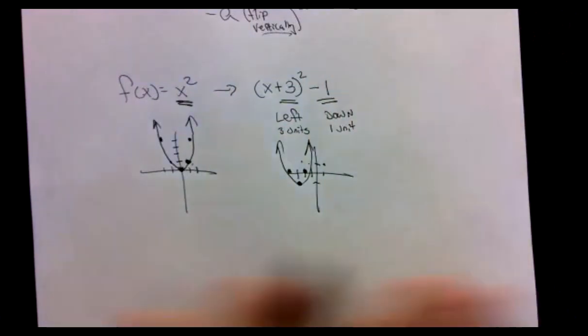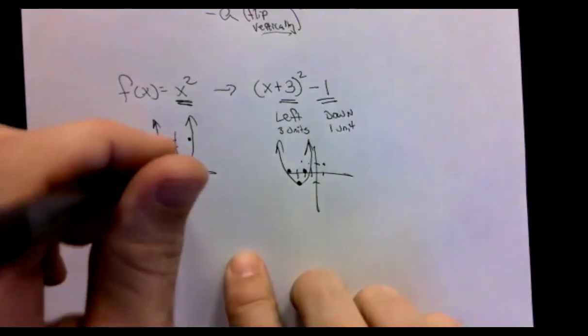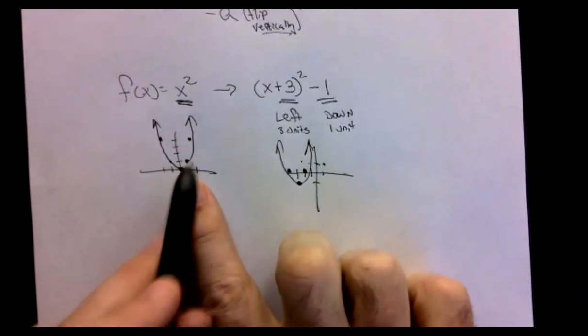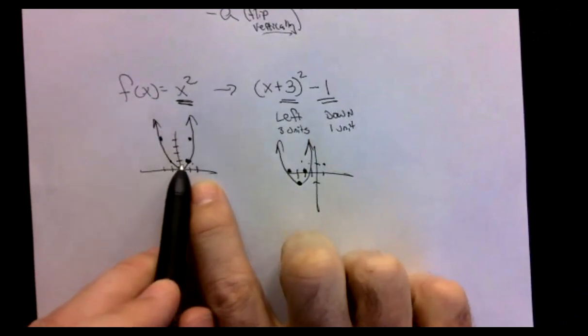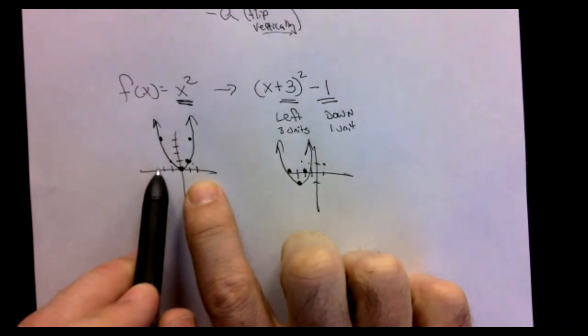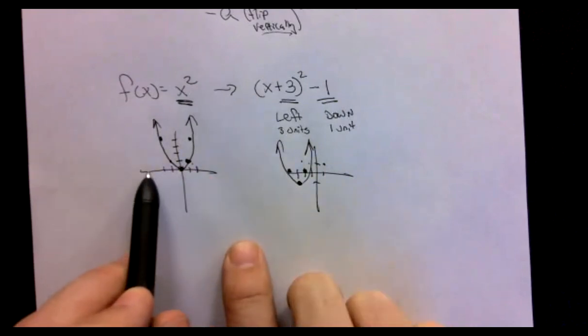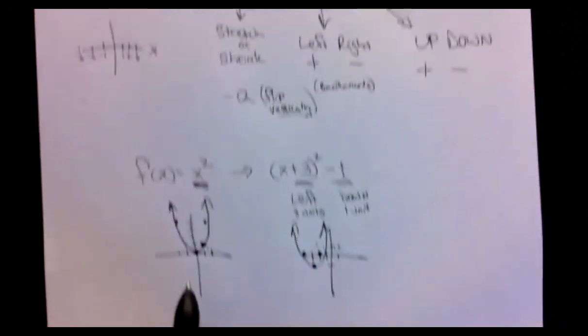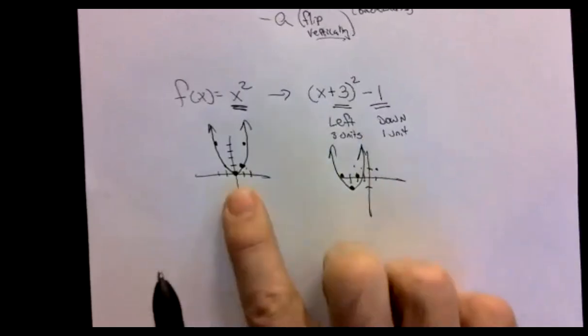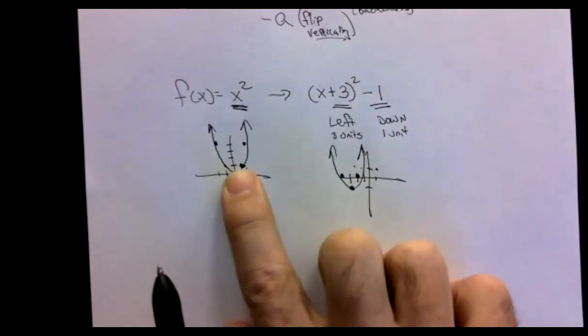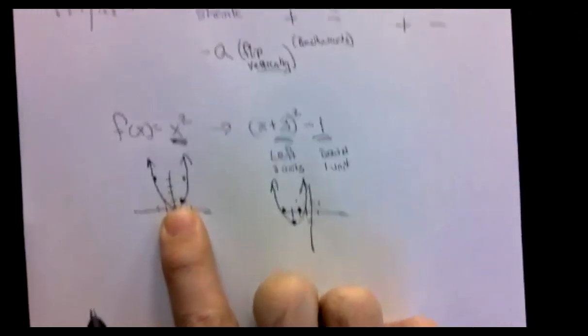You're just shifting your whole graph. If I could, on a computer, highlight this curve, grab it, and shove it left and down, that's what a transformation is. We're literally sliding our graph. If you picture the XY coordinates staying put, I'm just going to grab this curve and shift it left and down.